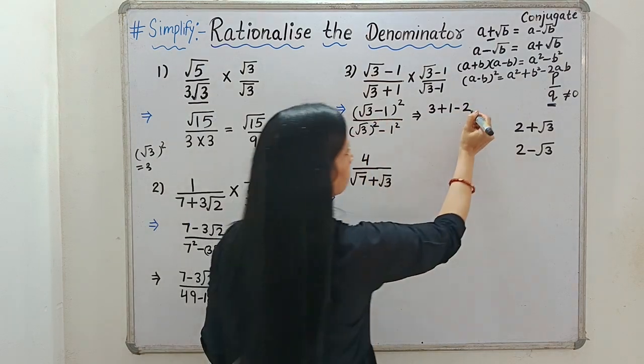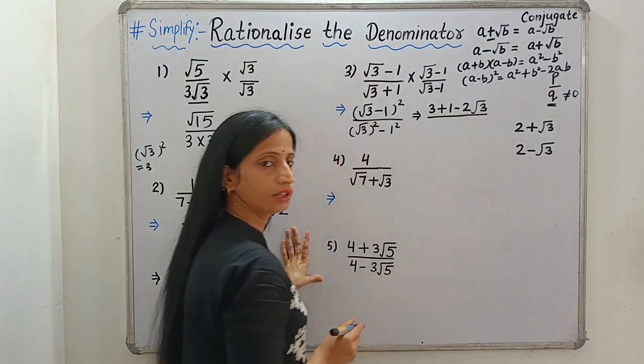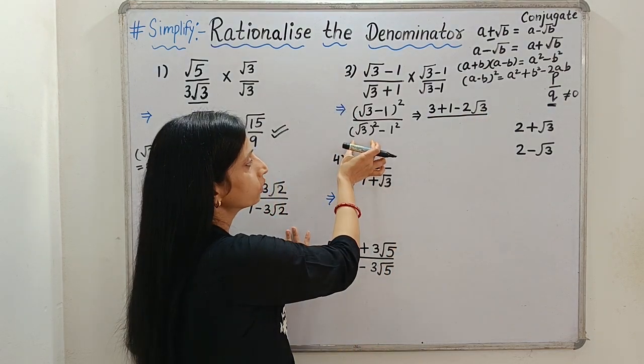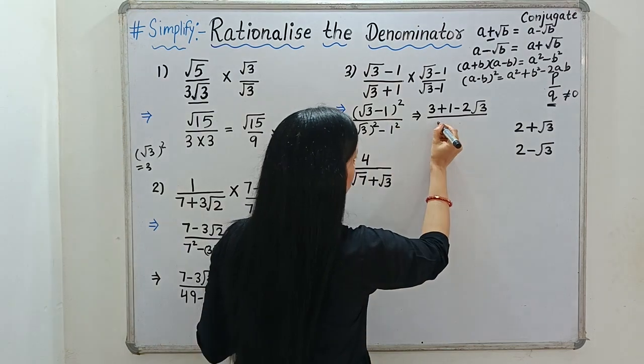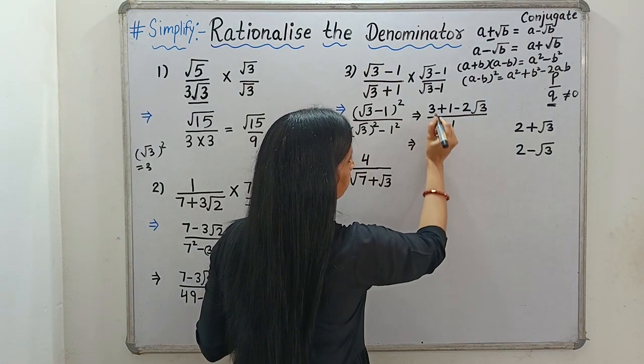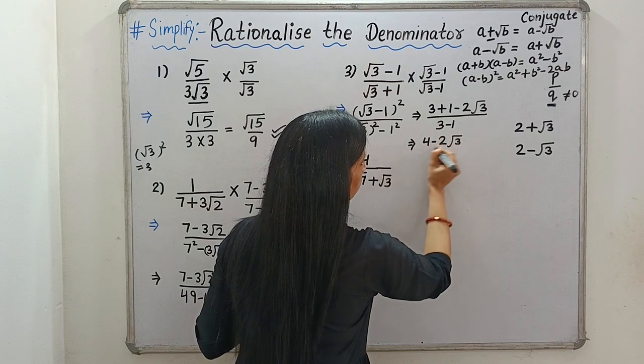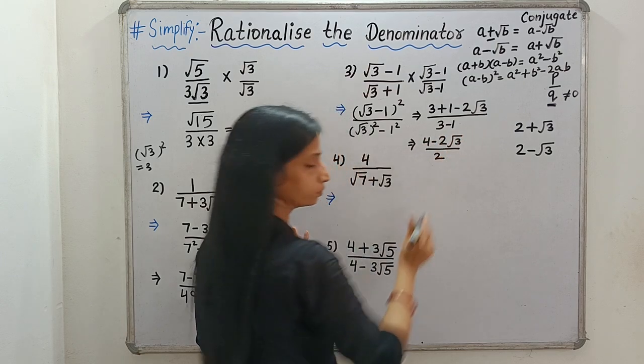So a is root 3, means minus 2 root 3 upon, in the denominator, root 3 square will be 3 minus 1. So the answer will be 3 plus 1, 4 minus 2 root 3 upon 2.